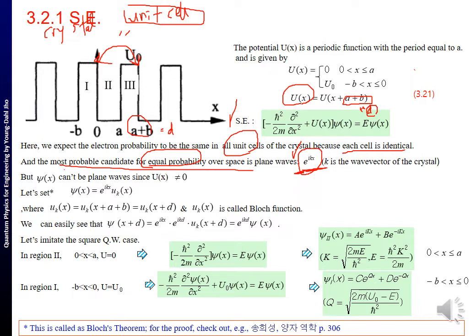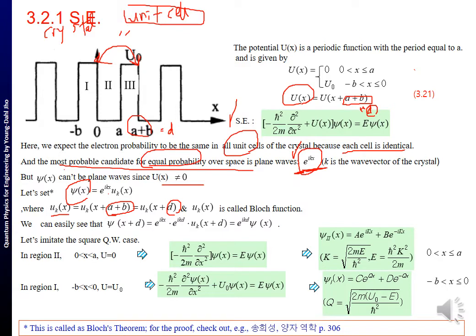And then we consider that psi cannot be a plane wave since the potential is not zero anymore. So let's presume that the wave function psi is e to the ikx multiplied by u_k(x). Here u_k(x) is a periodic function with a period of a plus b, or d.